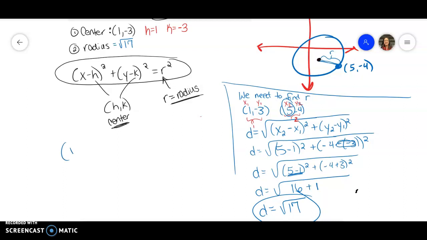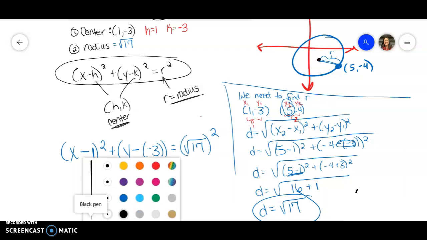So it's going to be (x minus h), well, h is 1, so (x minus 1) all squared plus (y minus k), well, k is actually negative 3, is equal to my radius squared. My radius is the square root of 17, so it's r squared.